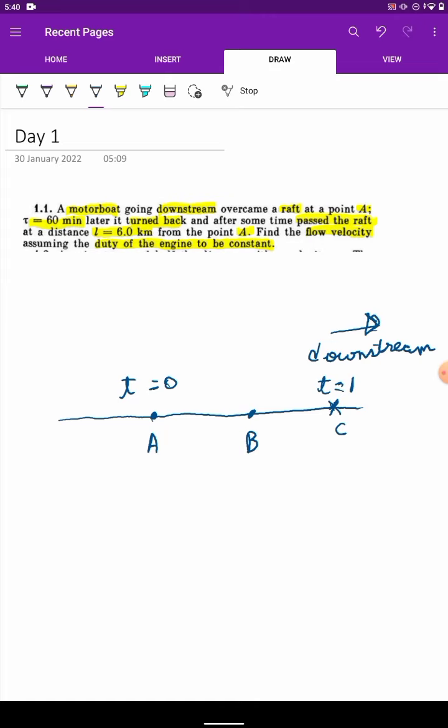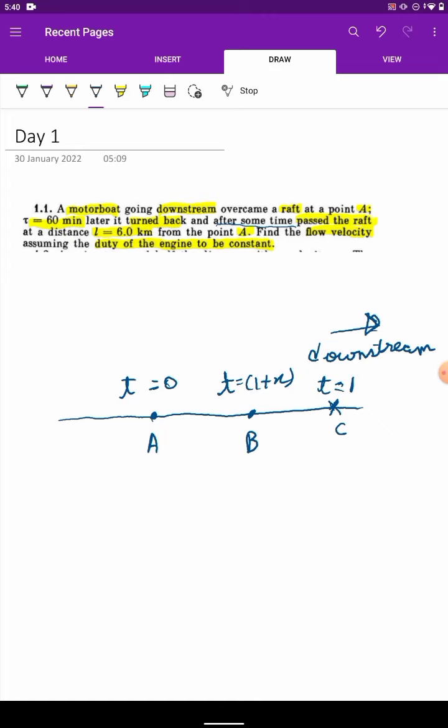After some time, let's say that time is x, after some x hours, there is a second meeting point B, at t equal to 1 plus x.